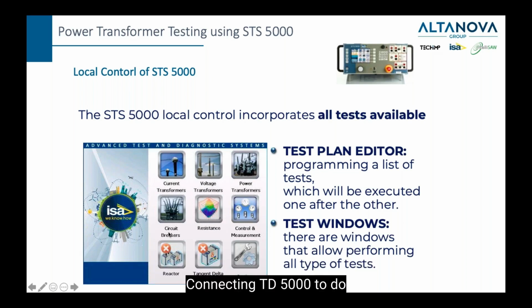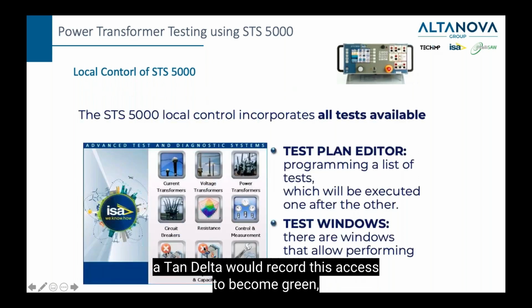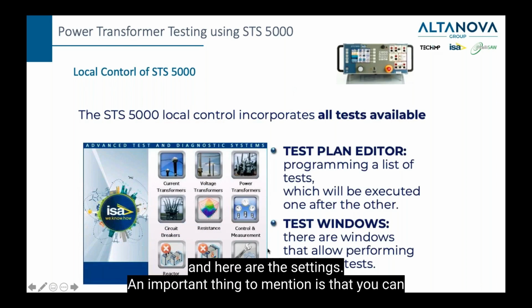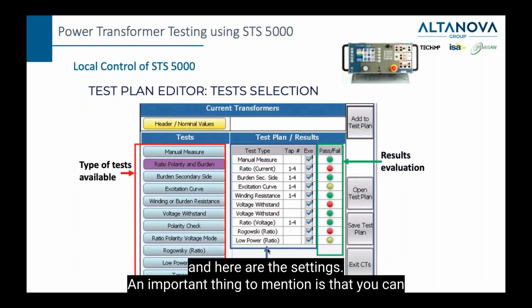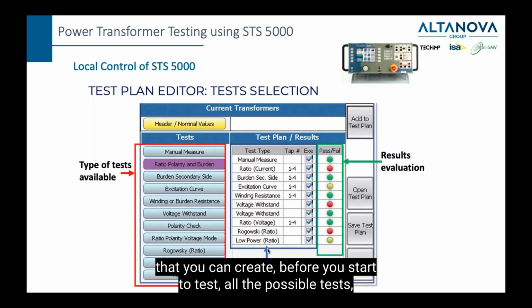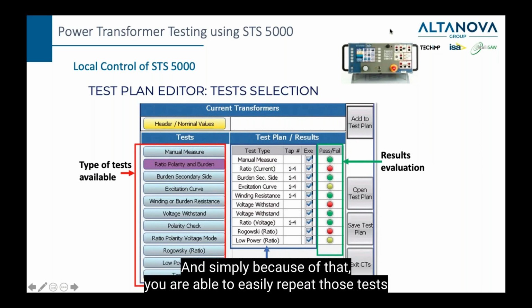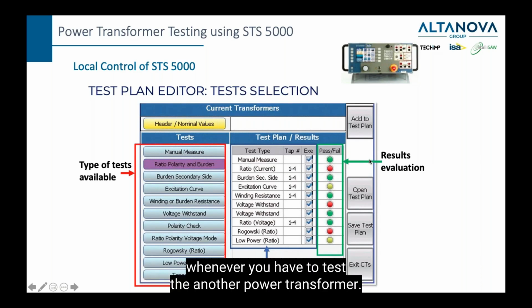Connecting TD5000 to do a tan delta would render this axis to become green, and here are the settings. An important thing to mention is that you can use a test plan. Test plan is a very useful feature which means that you can create, before you start the test, all the possible tests which you will be doing, and simply because of that, you are able to easily repeat those tests whenever you have to test another power transformer.